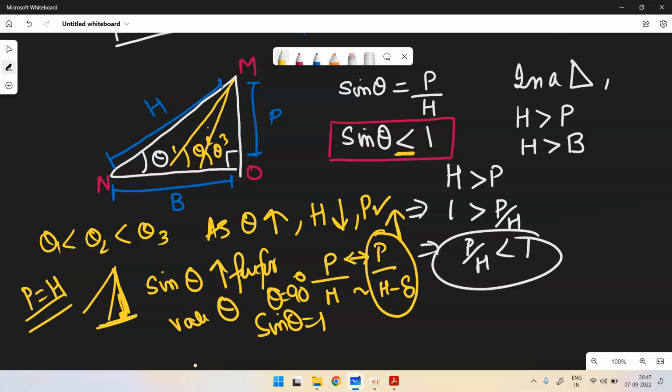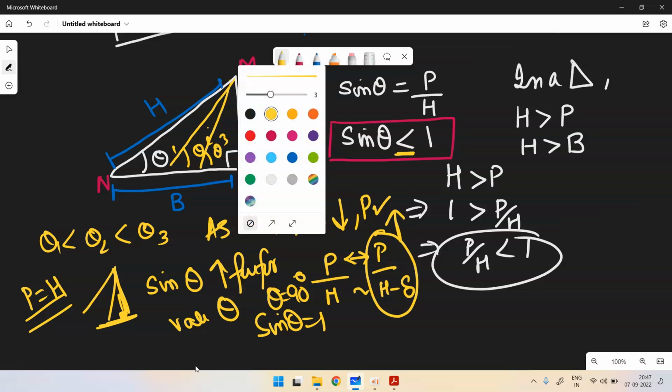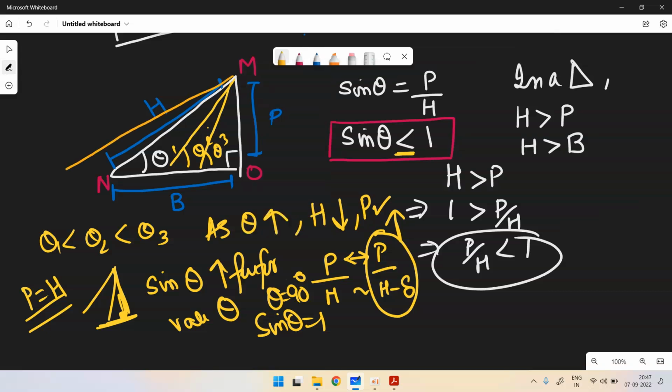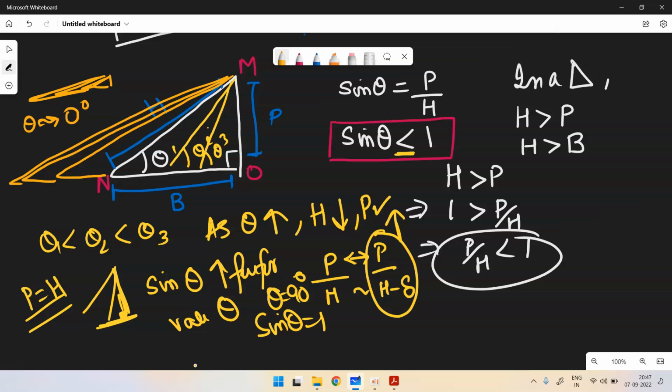Now I will show you what sine theta is in a triangle, the case of only a triangle. If I decrease my theta, I will go far and far, and you can see that this distance decreases so much that this theta tends to 0 degrees. Now you will see a straight line.